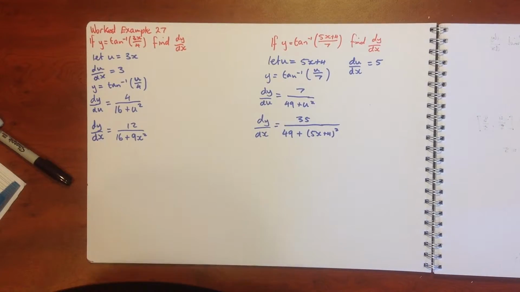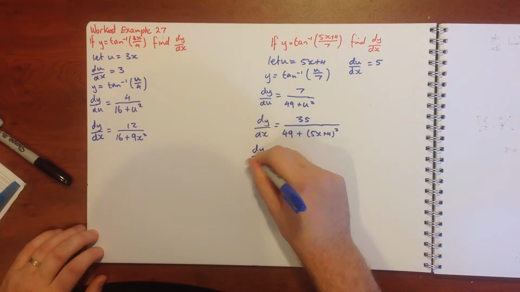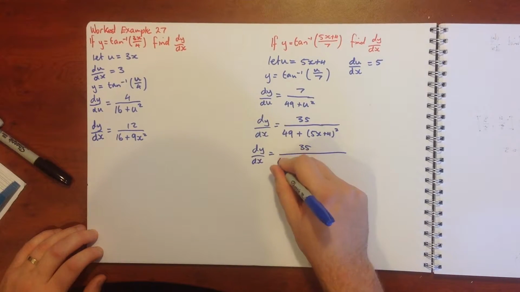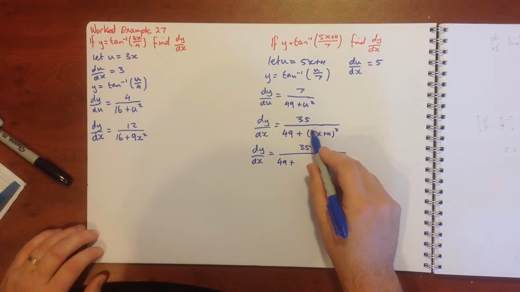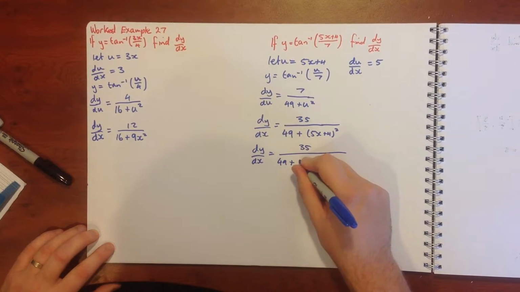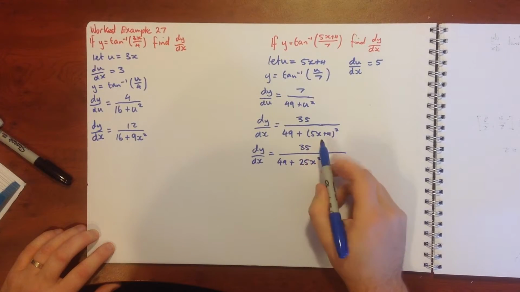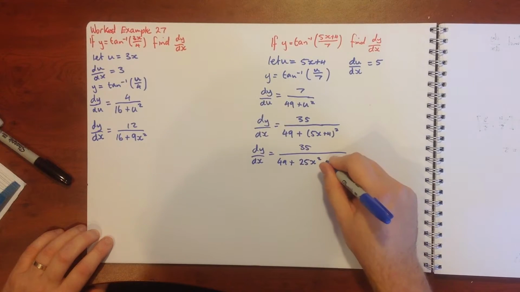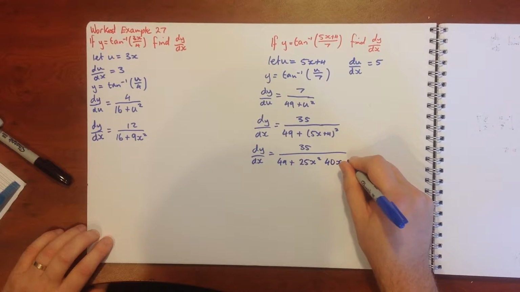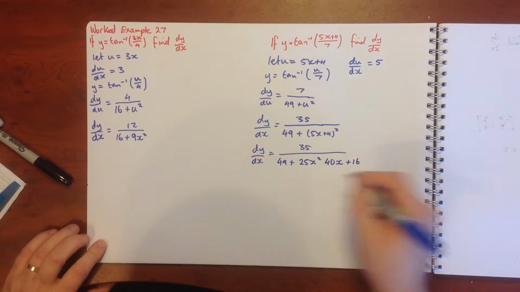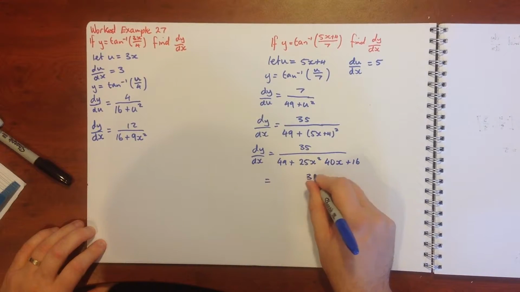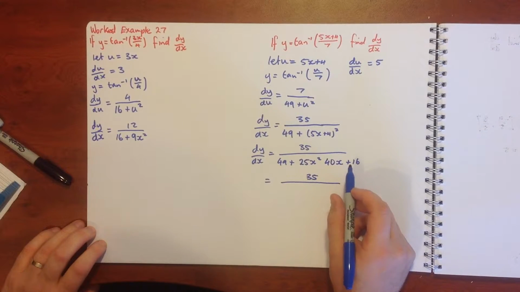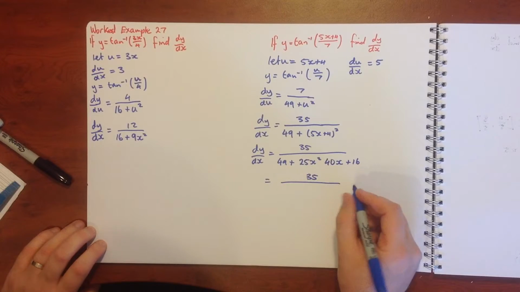And then what we need to do is actually expand out our brackets on the bottom line. So dy/dx is 35 over 49 plus, well, 5x times 5x, which will be 25x squared. 5x times 4, which is 20x, and we've got to times that by 2 to get 40x, plus 16. So then we can say that's equal to 35 over, well, 49 plus 16 is 65.